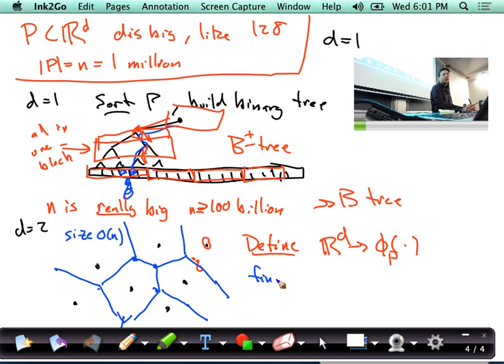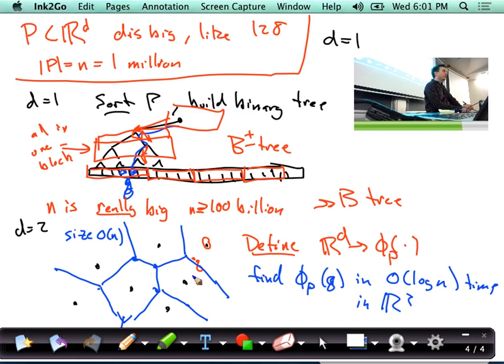You can find the nearest neighbor, φ(q), in O(log n) time in R^2 by building this Voronoi diagram, then building some structure on top of it. So that's the same time as searching in one dimension.